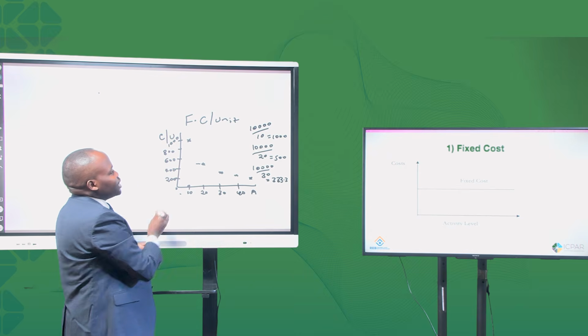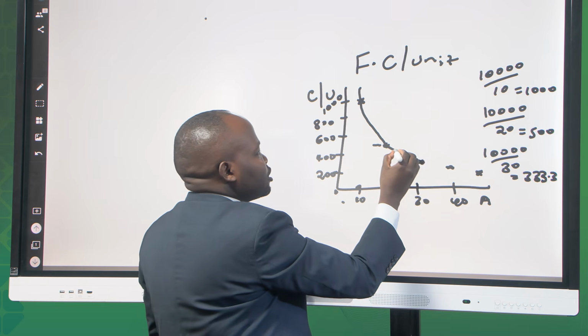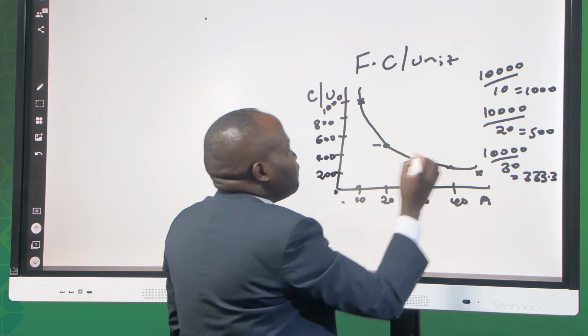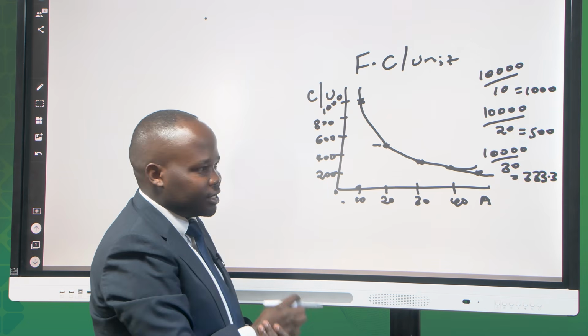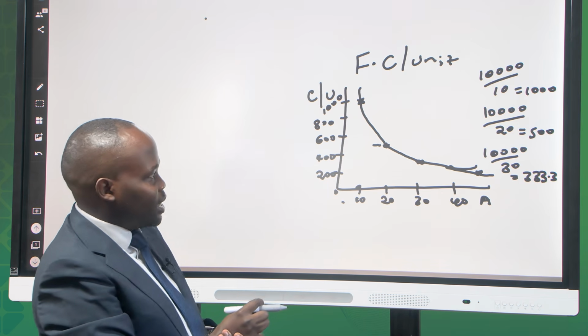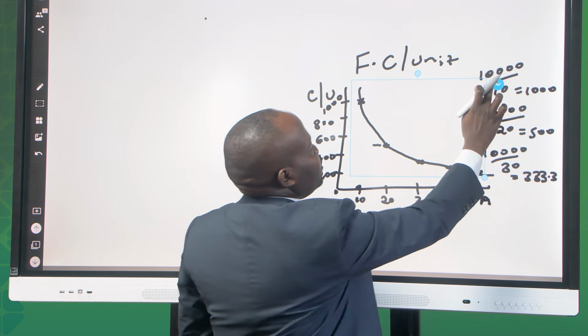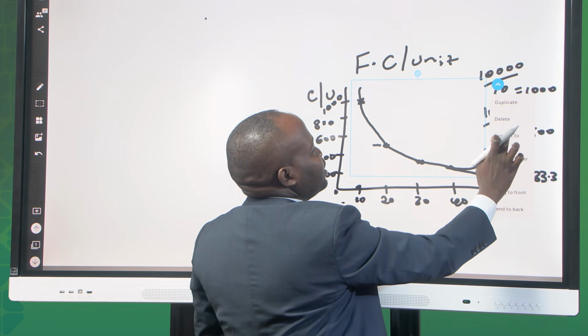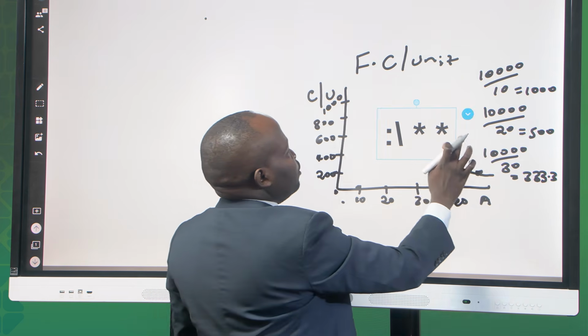So that means that the fixed cost per unit is a curve. It is not constant. That is number one, fixed cost per unit, and that's the illustration of our fixed cost per unit.